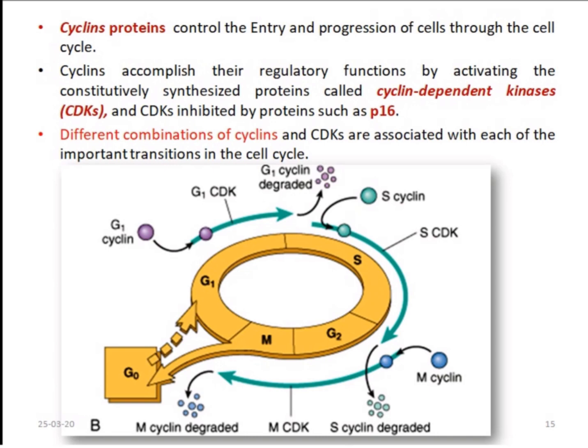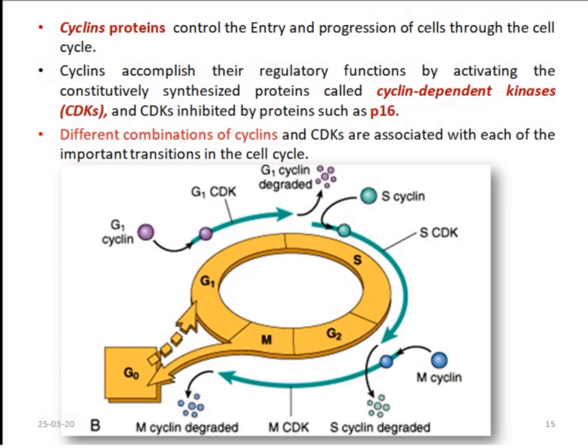What happens whenever the cell cycle progresses, right? Suppose the cells which are in the G1 phase want to go into the S phase, then there will be a G1 cyclin protein. The G1 cyclin protein gets activated, and this will activate G1 cyclin-dependent kinase, that is G1 CDK.